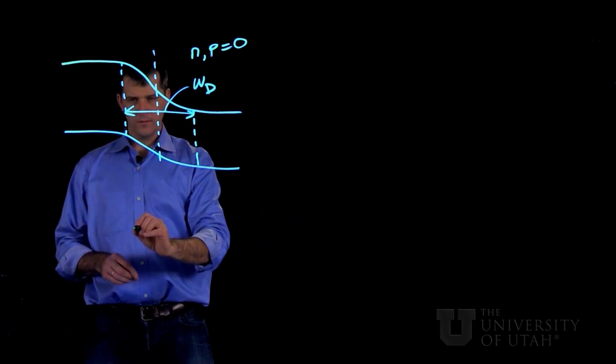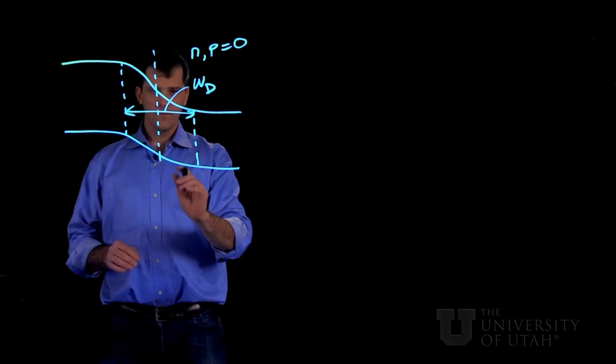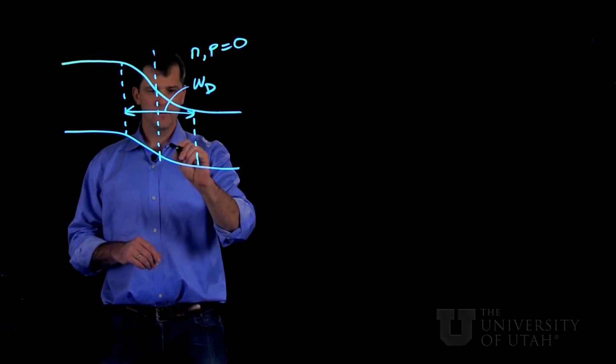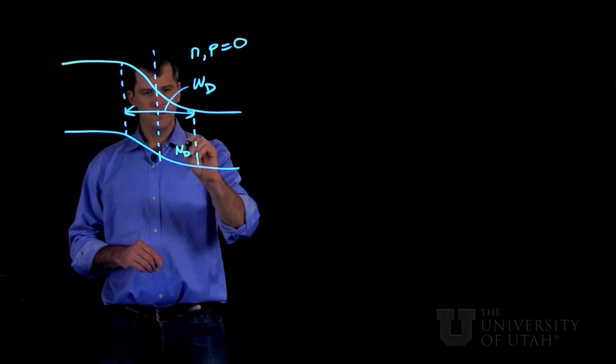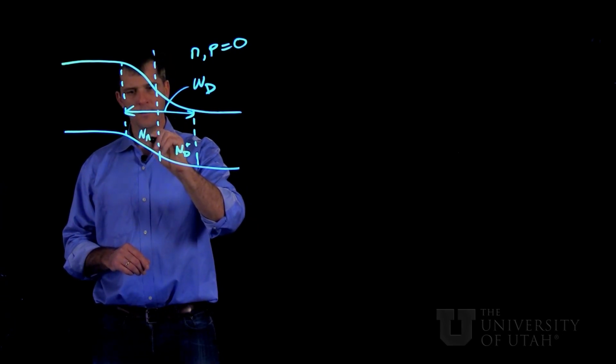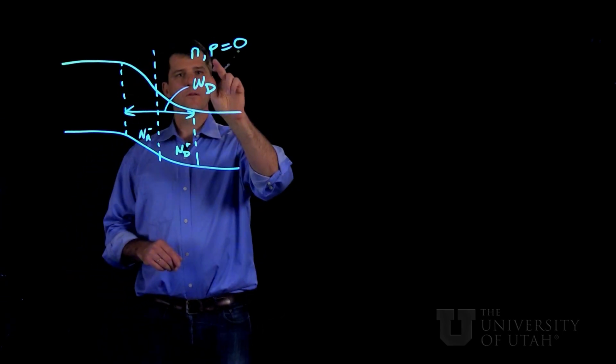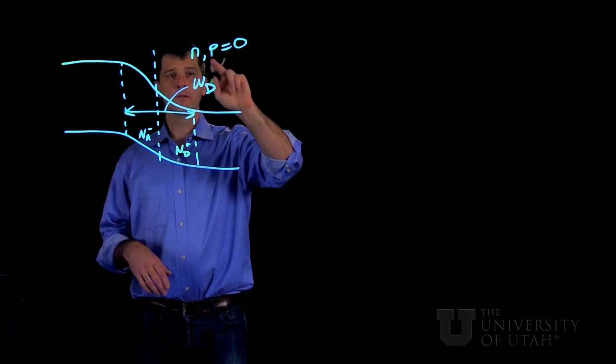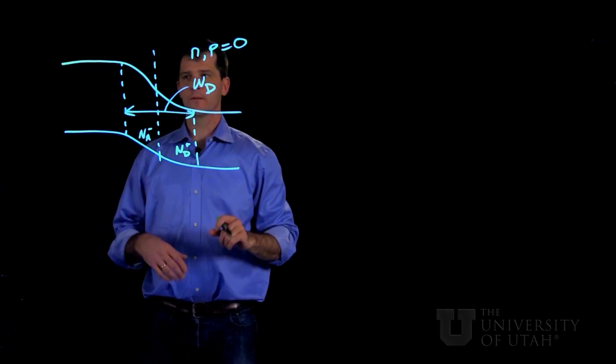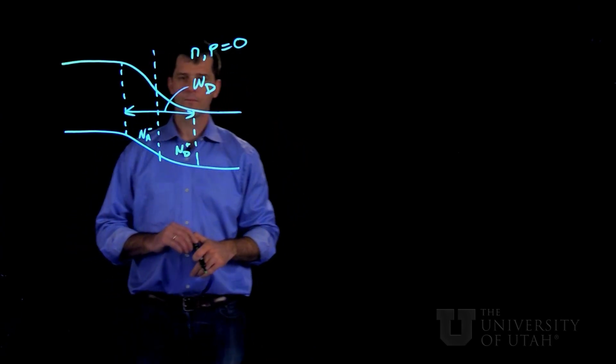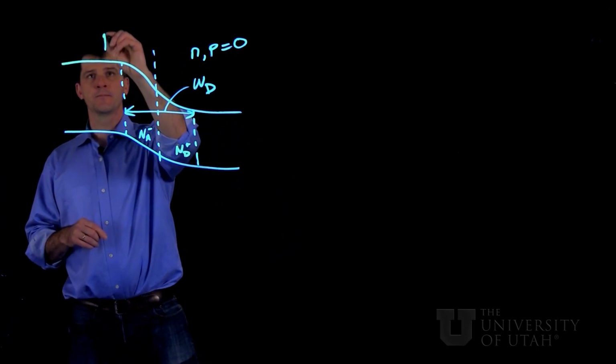So the charge density is only given by ND plus and NA minus. This here is the depletion approximation that underpins this simplifying of the p-n junction.